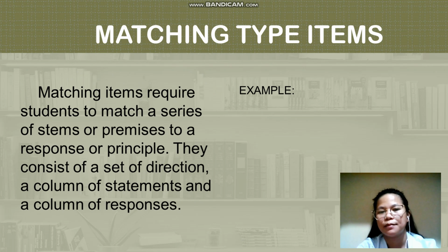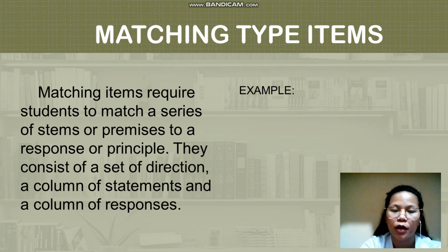Matching type items. Matching type items require students to match a series of stems or premises to a response or principle. They consist of a set of directions, a column of statements, and a column of responses.